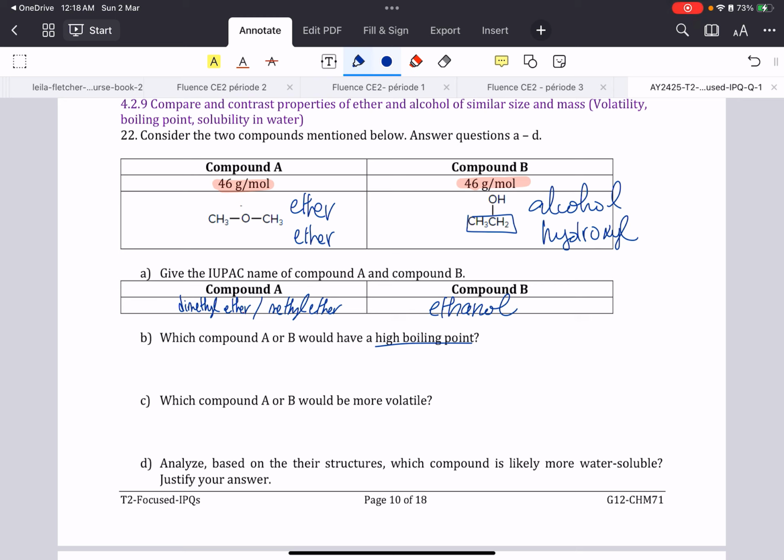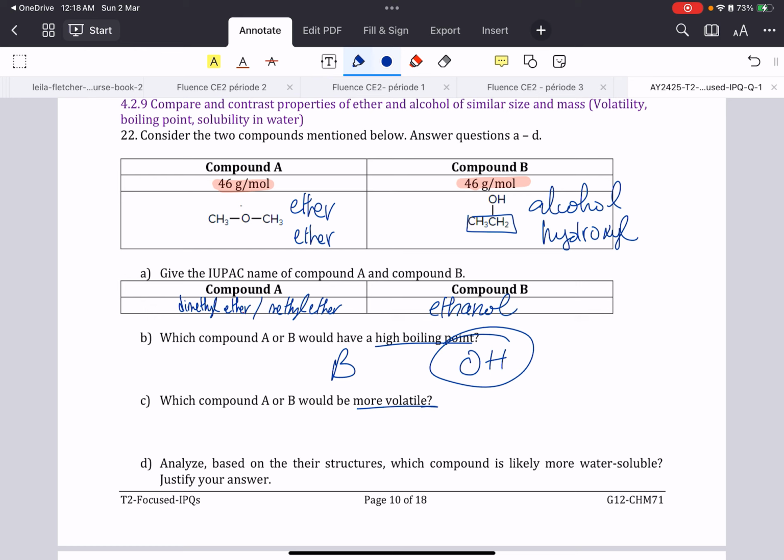It requires more energy to break the alcohol molecules away from each other and evaporate the alcohol. So the higher boiling point goes to compound B, because compound B has OH in it that allows it to make hydrogen bonds.